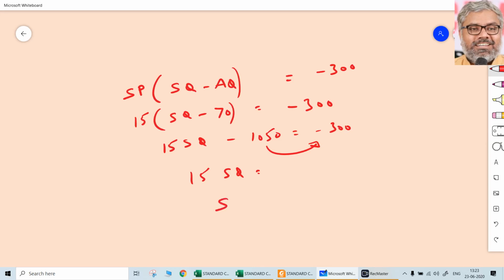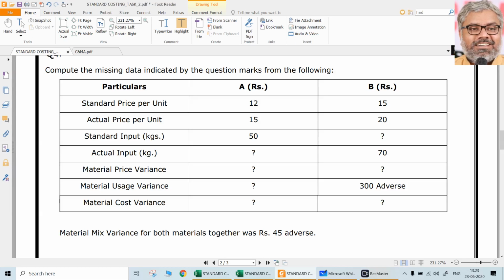So naturally, SQ will be 750 by 15. That is 50. So we got 50 units, or kgs, whatever. Kgs we can say. So this one we got now already. Standard quantity for material B, that we know, 50.